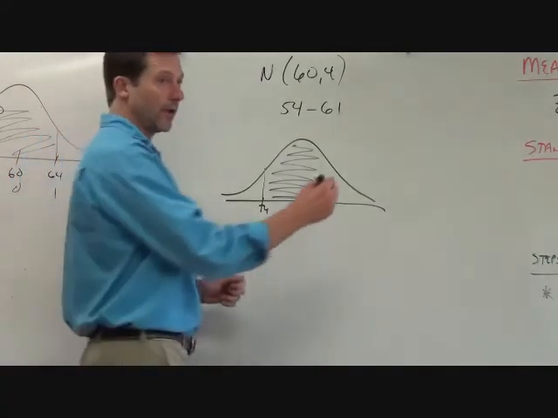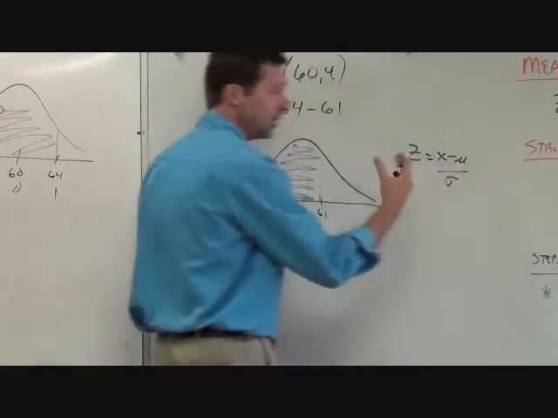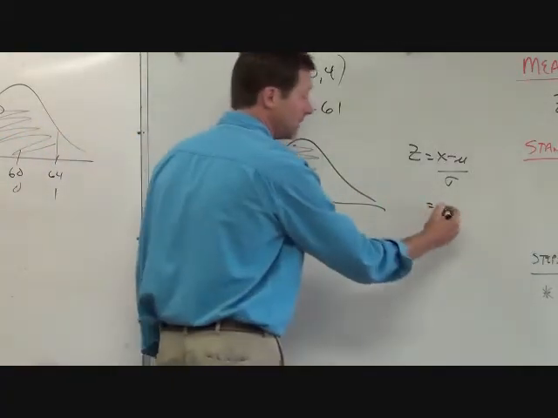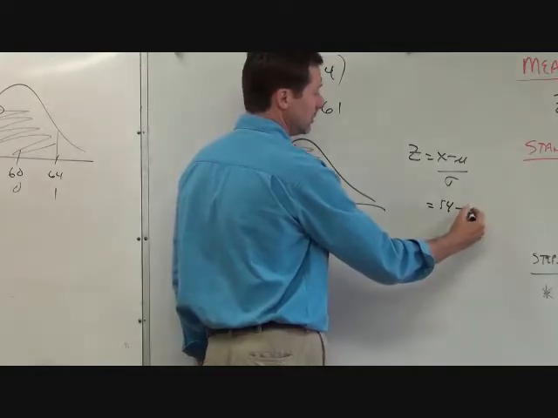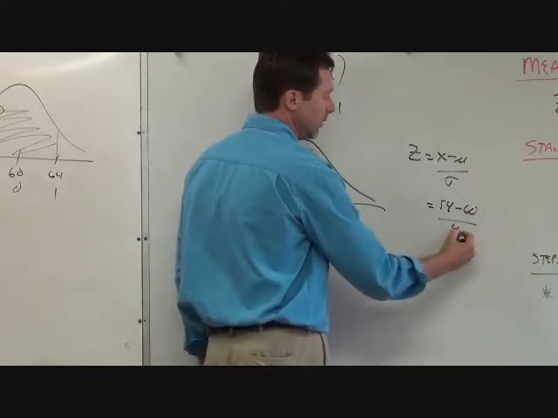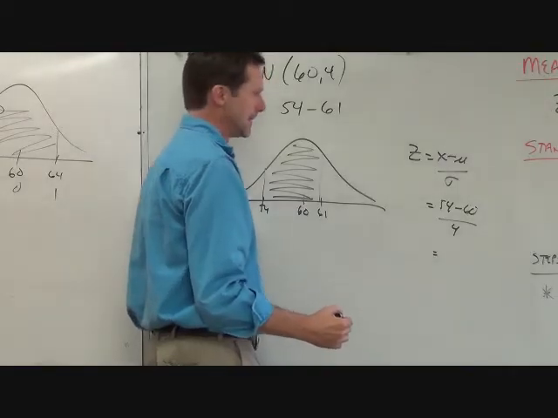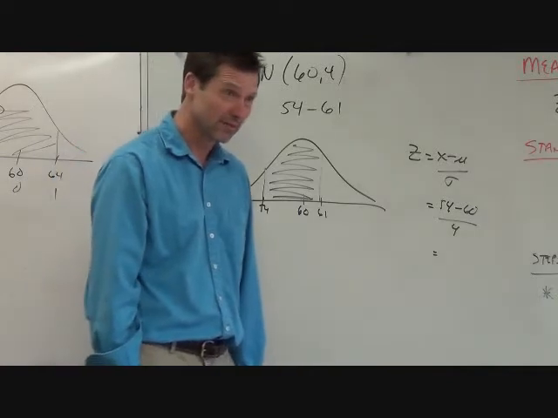Okay, Haley, work with me here now. So here's the z-score formula. This needs to be on your paper. Every time you're going to use it in a new problem, write the formula down. All right, so the first one, what do I plug in? 54 minus 60 over 4, and what would that come out to? Try that one again. You say 0.25? No way.